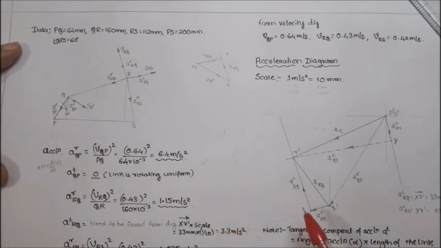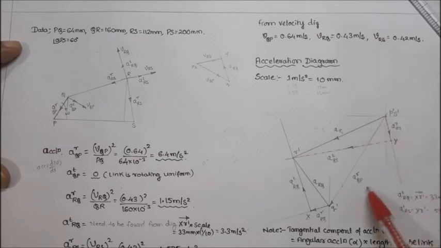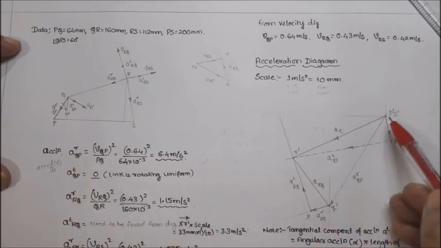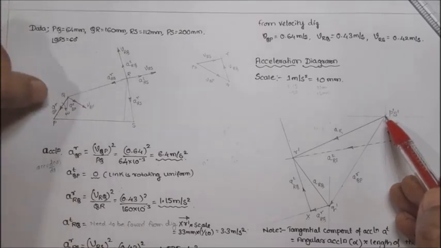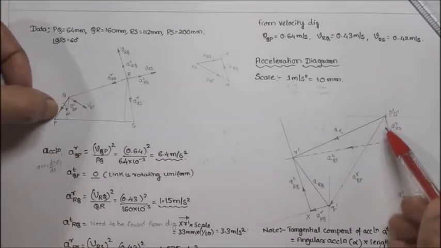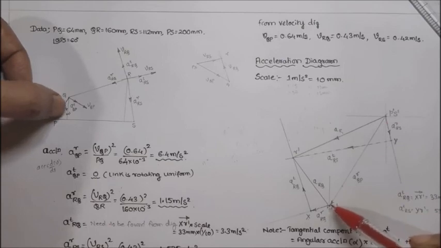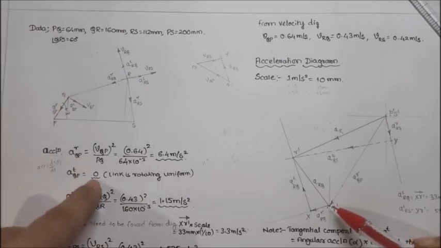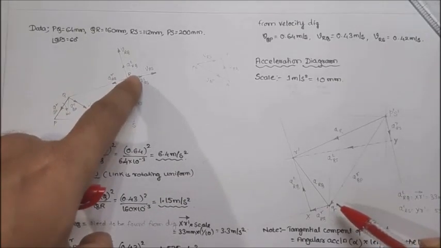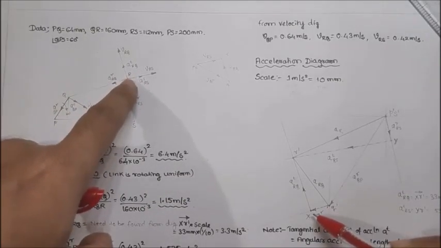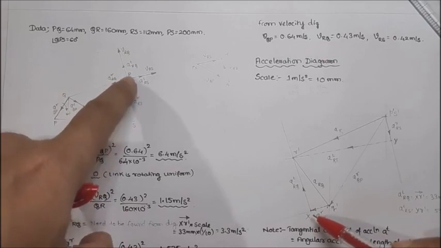The only thing you have to draw is the acceleration diagram. To give a recap of how to draw an acceleration diagram, first you should do the acceleration calculations. Start at point P dash and go along the radial component first; the tangential we don't have, so it is 0. Then for the next link, go here, take the radial component, find out the direction, then take the tangential component.